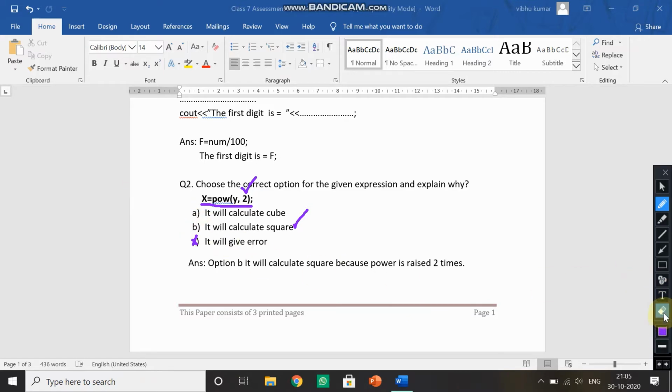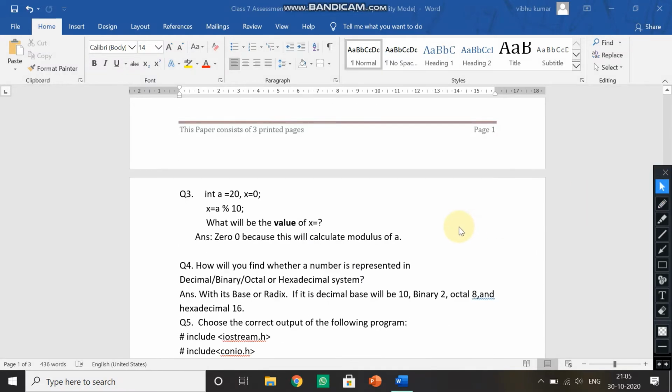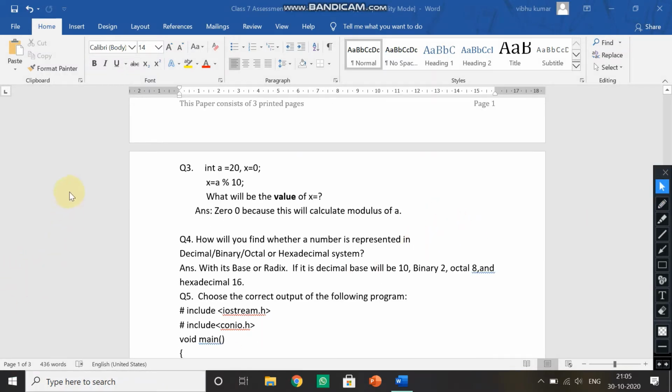Next. Here, question 3. It was so easy, but most of the children have done wrong. int a. In the variable a, 20 is stored, and in variable x, 0 is stored.